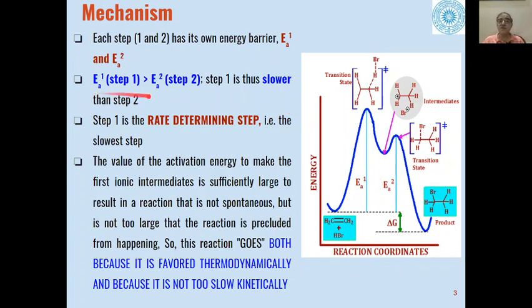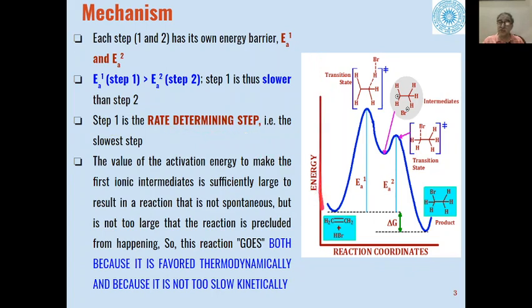And if you see over here, EA1 is more than EA2, which means that step 1 is a slower step than step 2. So therefore we know that the slow step is the rate determining step. So in this particular reaction, step 1 is the rate determining step.